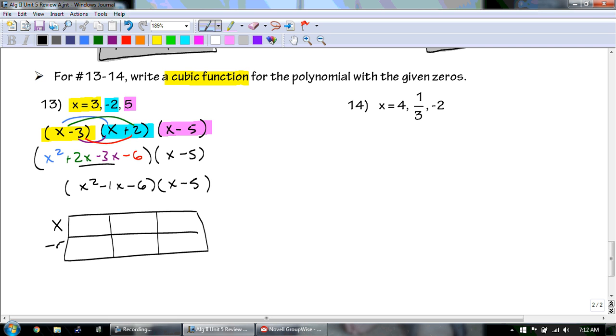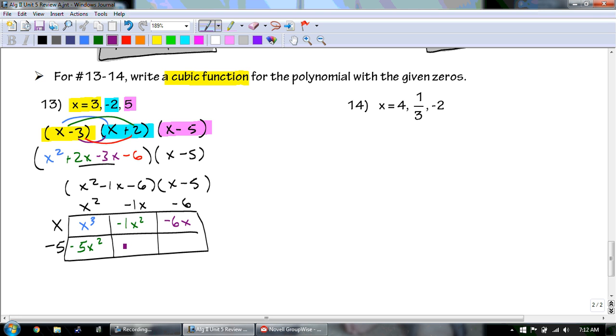I have x minus 5 on the side, and then we have x squared minus 1x minus 6. So we get x cubed minus 1x squared minus 6x. -5 times x squared is -5x squared.